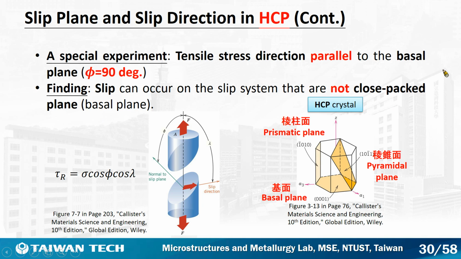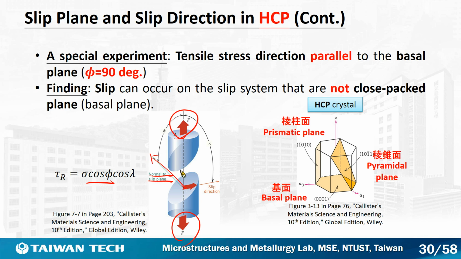And let's talk about a special experiment conducted by researchers. For the tensile stress direction, we usually do this tensile test, right? When the stress direction is parallel to the basal plane, so this one. Let's see the definition of phi here. Phi is the angular difference between the stress and the normal to the slip plane.